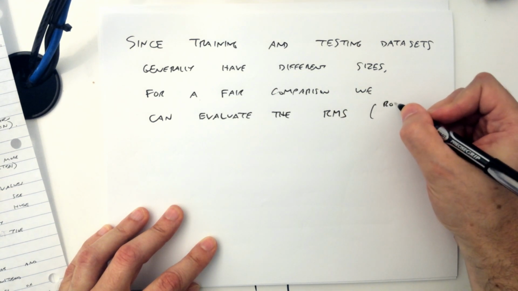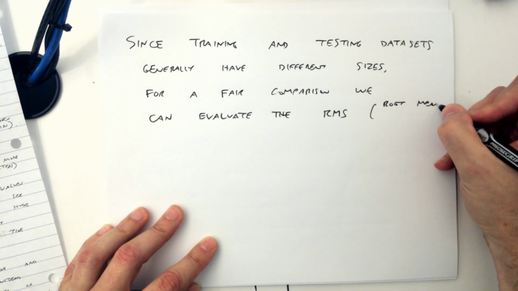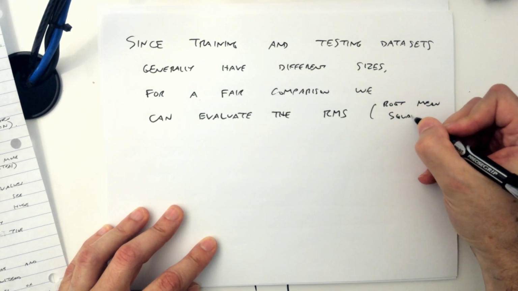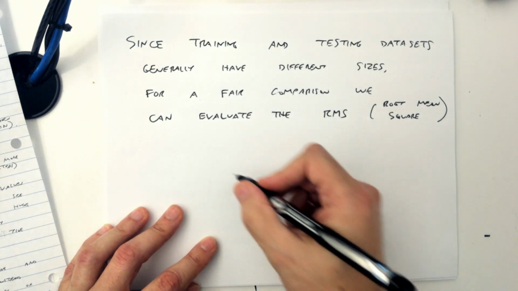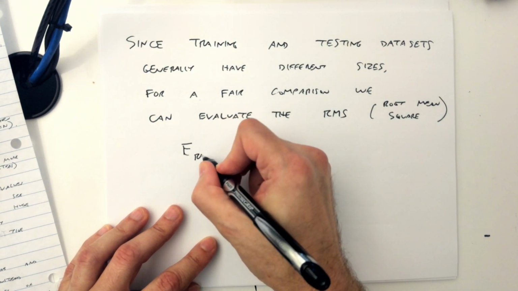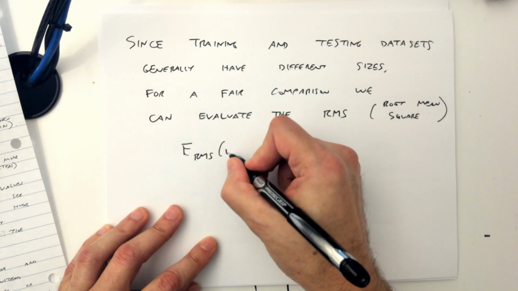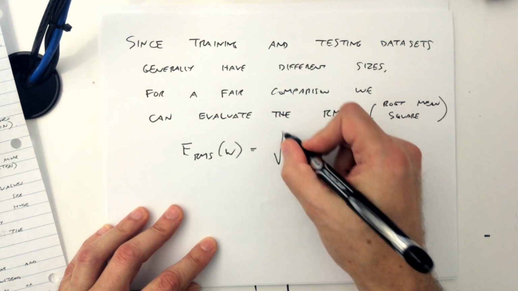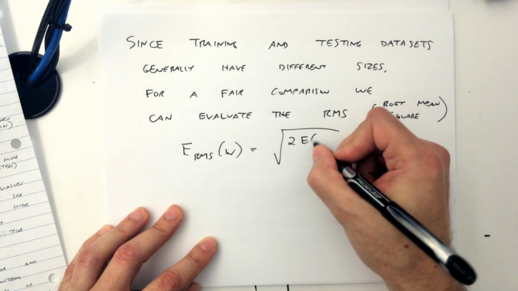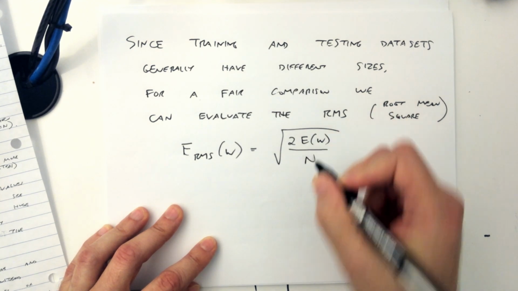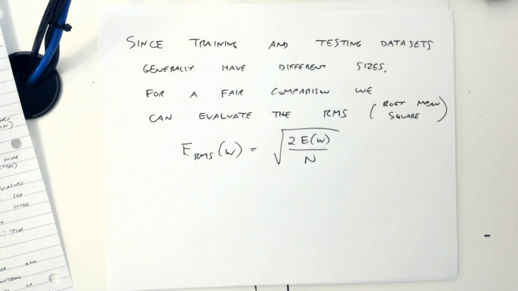That's basically saying I evaluate my error function on a given data set by dividing by n. Since this has a square in the definition of the function, I take the square root, and this 2 is just to compensate for that 1/2 that we had in the error function, right?